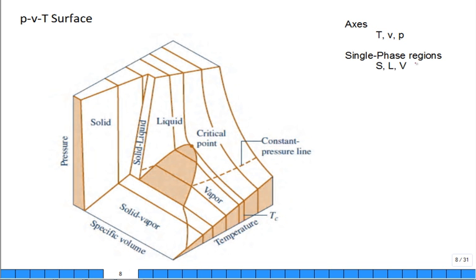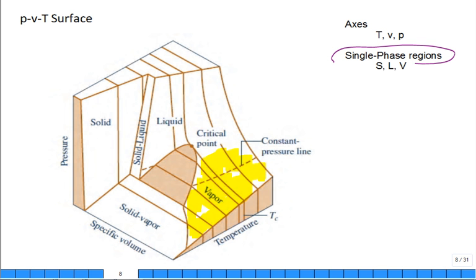Can you find on this PVT surface single phase regions where you would say, in that region it's all a vapor? Where would that be? All where it says vapor. It's not too tricky, is it? All in here. True?